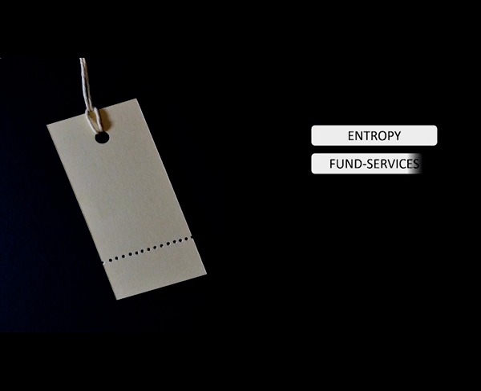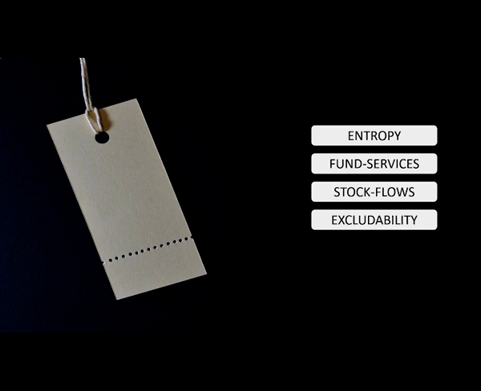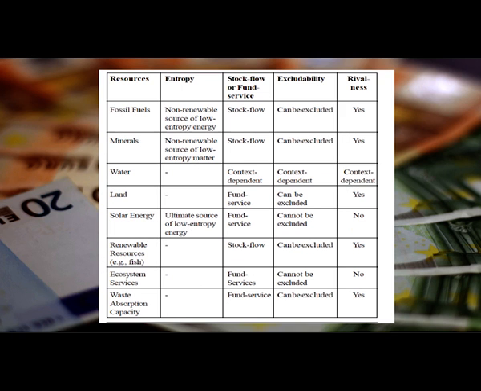So you will see here that abiotic and biotic scarce resources are characterized on the basis of entropy, fund and stock-flows, excludability, and rivalness. Some of the characterizations of abiotic and biotic scarce resources are shown in this table. Fossil fuels can be taken as an example.